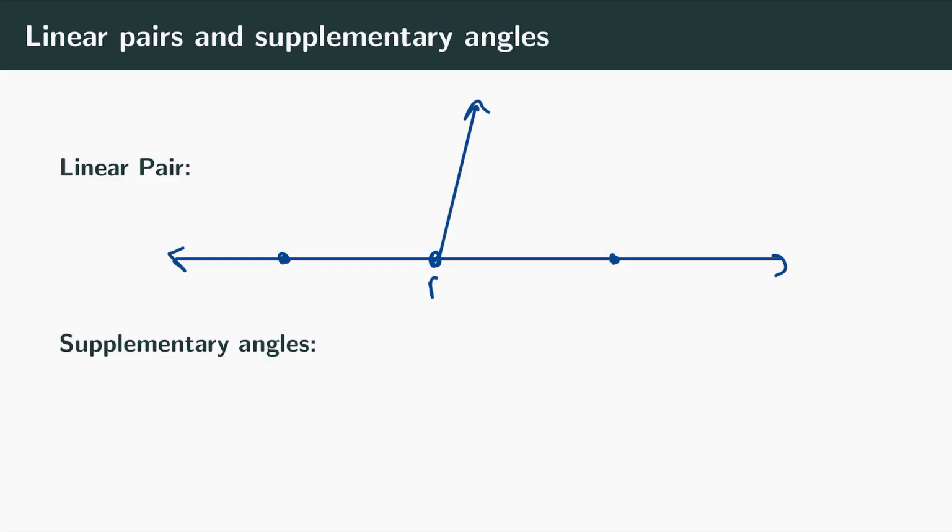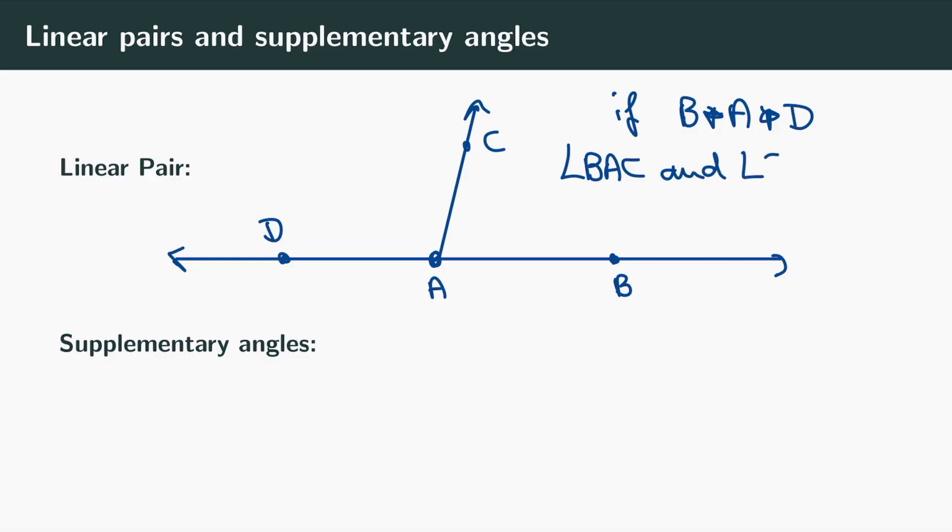So let's say I have A, and here I have B, here I have C, and here I have D. If I have that A is between B and D, then we say that angle BAC and angle CAD form a linear pair.